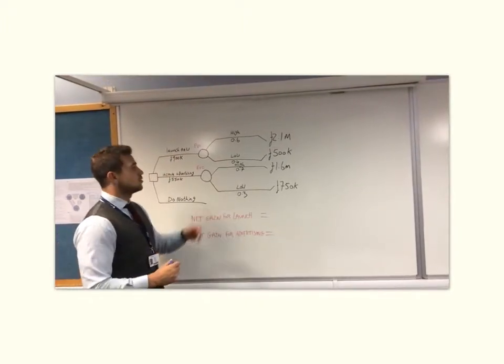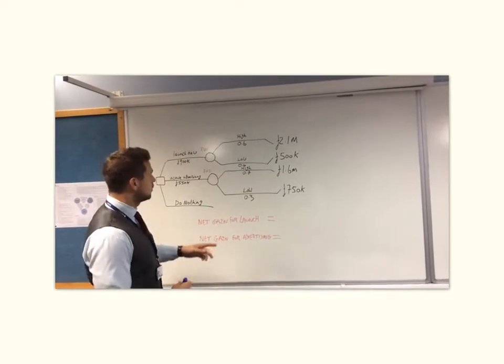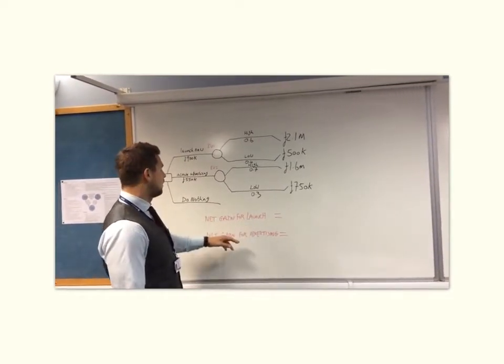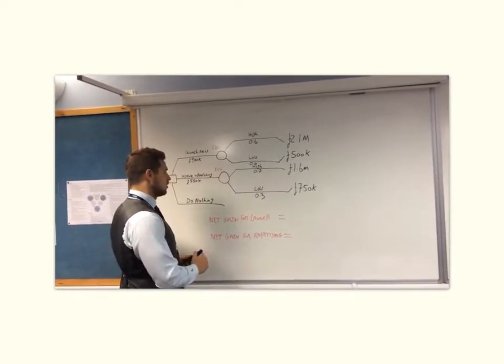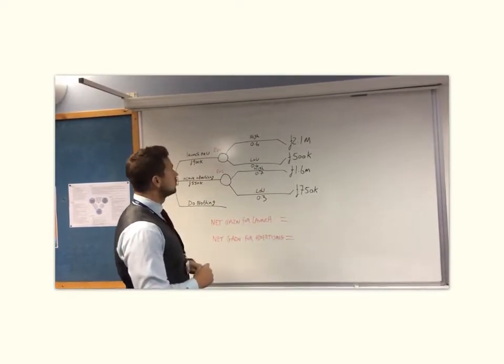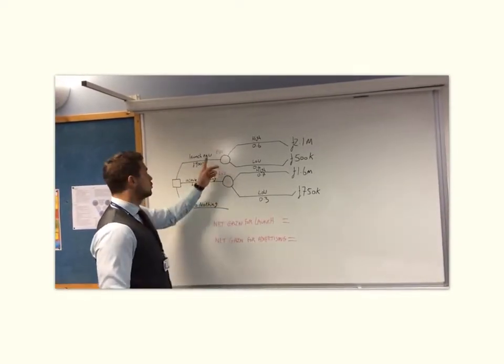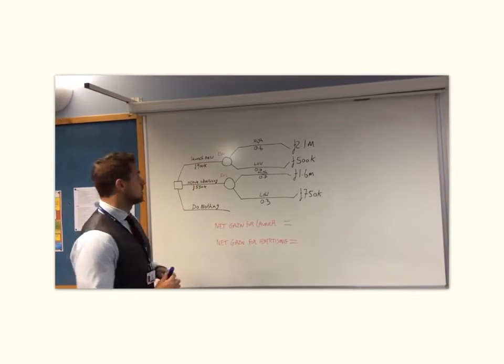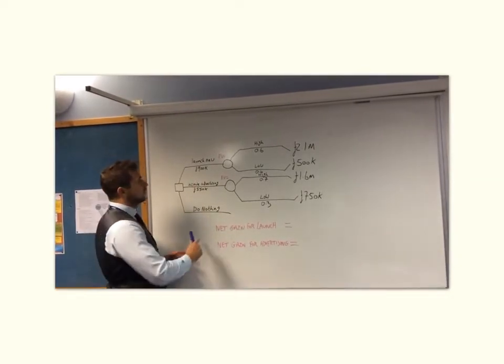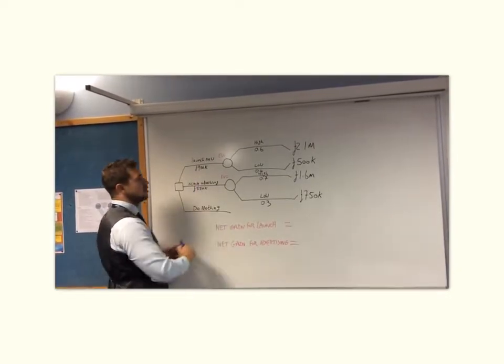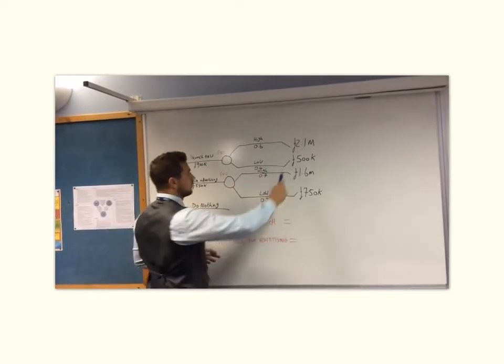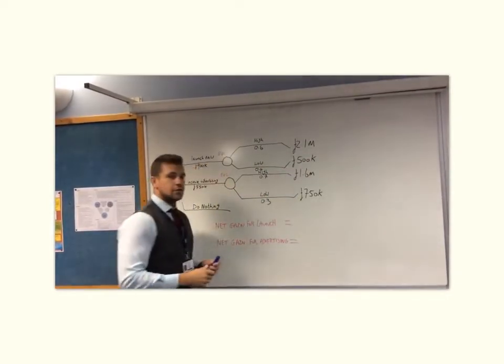Okay, so here's the decision tree that I gave you, and I asked you to calculate the net gain and the expected values for each option. So we've got the launch new product, and we've got the increased advertising. So I'll put all the information onto the board: the cost, the probabilities, and the expected increase in revenue.